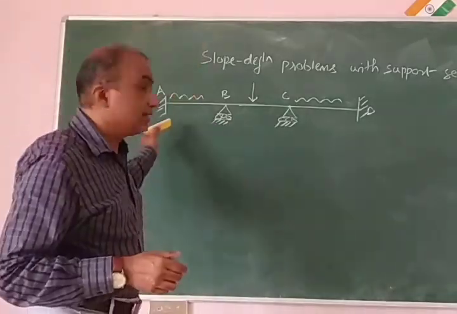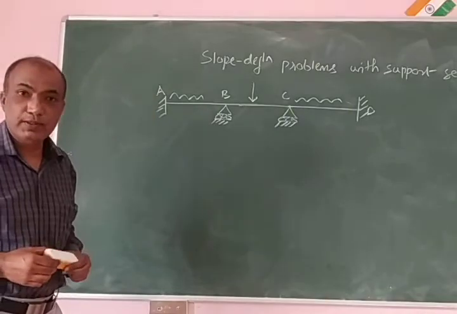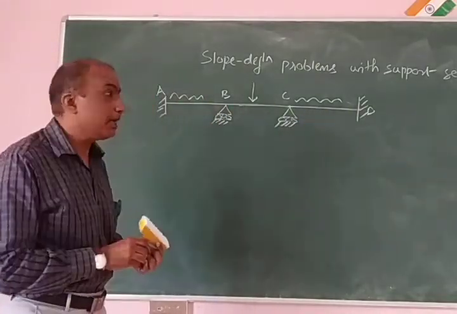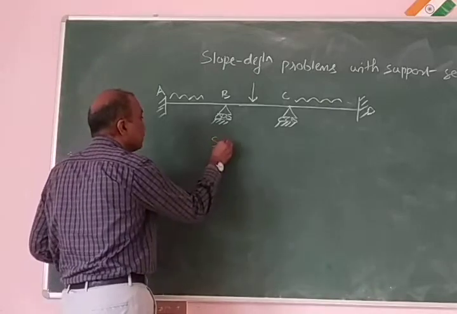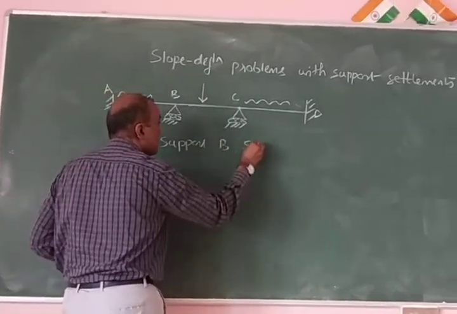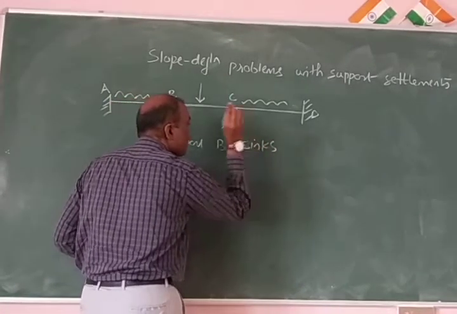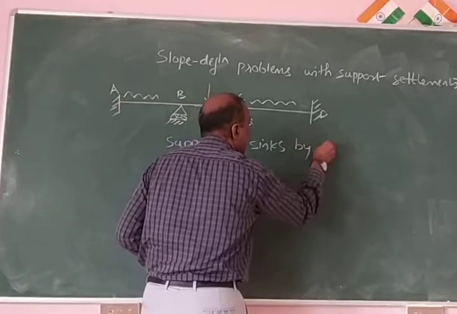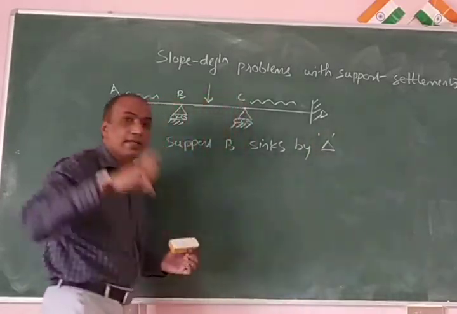So you can see one beam here where the supports are A, B, C, D. Just imagine that support B settles, or sinks, by delta. That is, the settlement is delta.